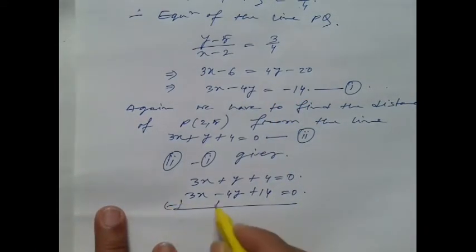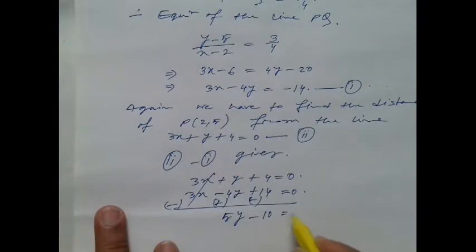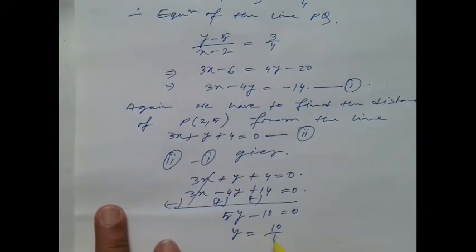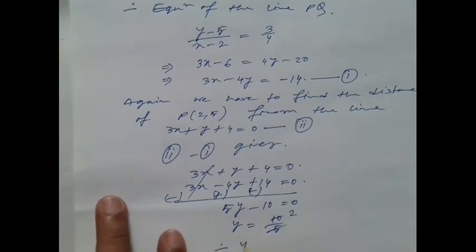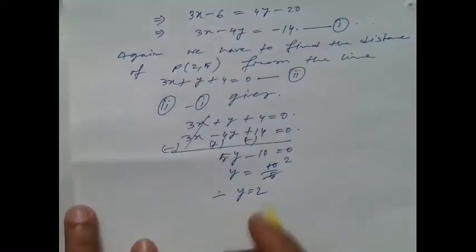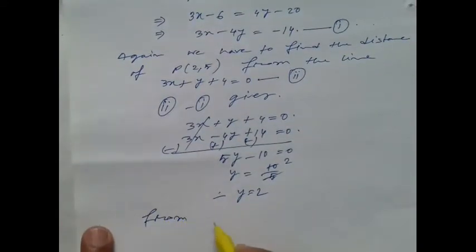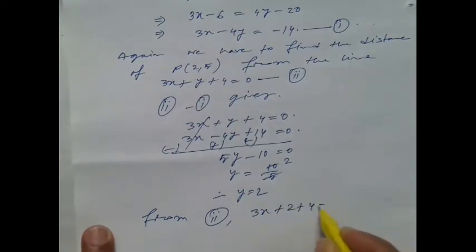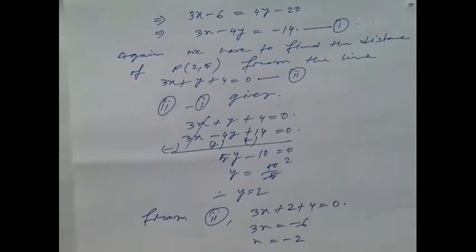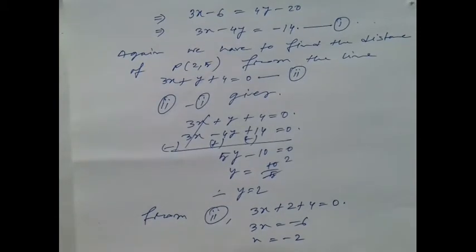Now subtracting, 5y minus 10 equals 0, or y equals 10 by 5, that is 2, therefore y equals 2. Putting this value in equation 2, 3x plus 2 plus 4 equals 0, or 3x equals minus 6, therefore x equals minus 2. Therefore Q is (minus 2, 2).